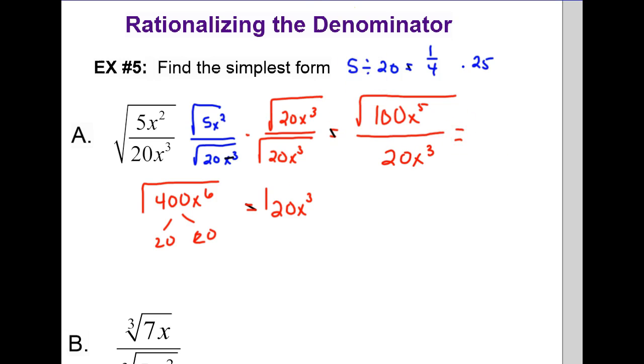Well, now I can simplify further. The square root of 100 is 10. If I take that x to the 5th and divide it by 2, an x squared comes out, and I'm left with a radical x in the numerator, and I get 20x cubed in the denominator. So I'm okay here.